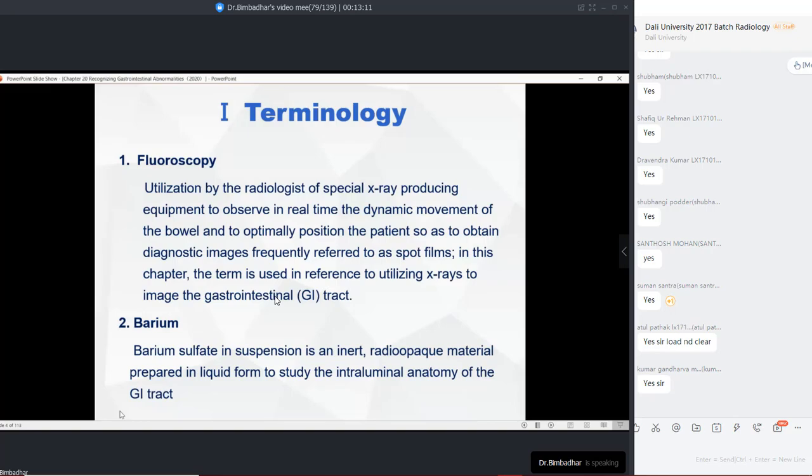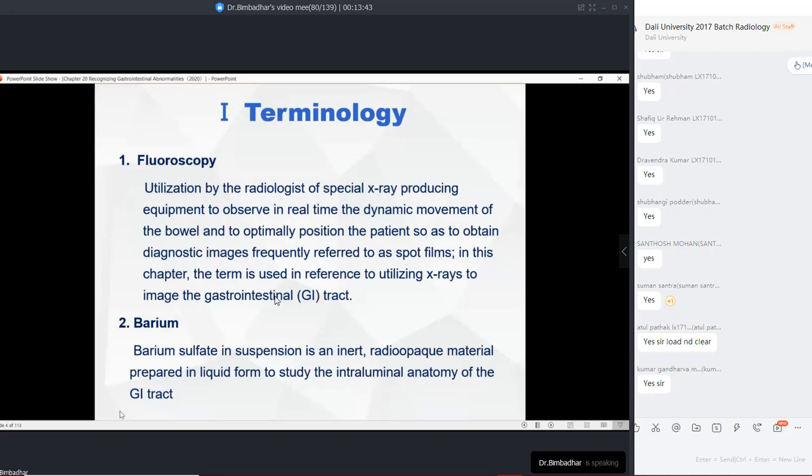Starting from the mouth until the rectum, we have different procedures. But for the whole hollow organ, from mouth to anus, we will be using barium sulfate itself. The procedure may be different, though. For example, when we are trying to analyze the upper GI tract, we are going to give barium swallow and barium follow through.